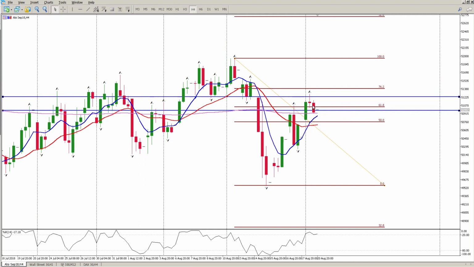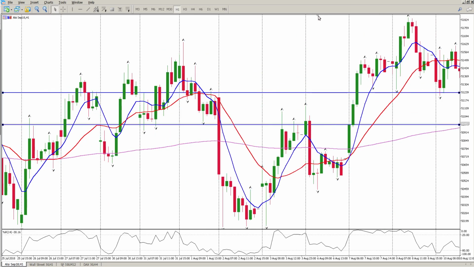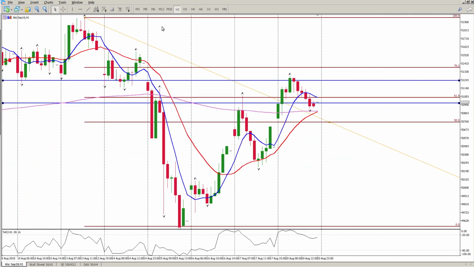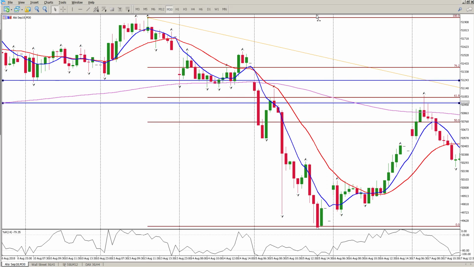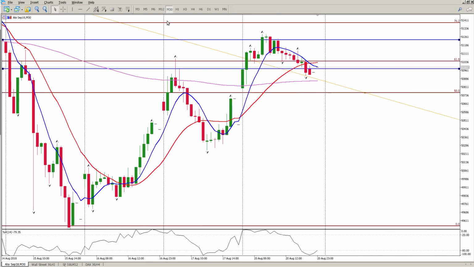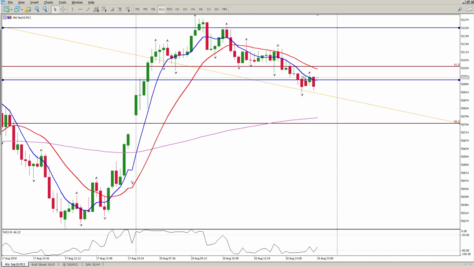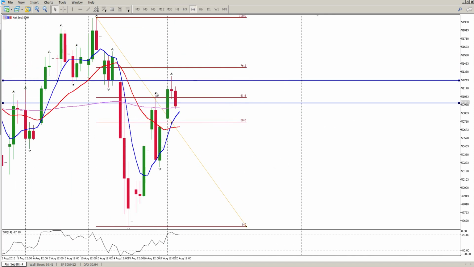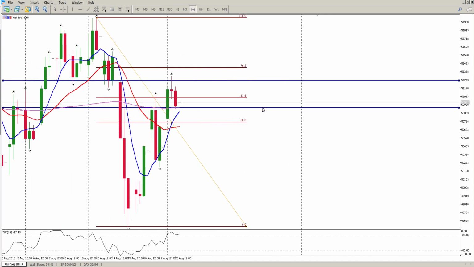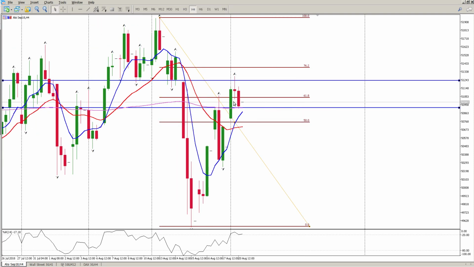The 1 hour is in pretty much the same area, and I think the 30 and the 12 are all in the same area. Pretty close. So fairly significant level at the bottom here. All the 200 period moving averages are in this area, from the daily down.